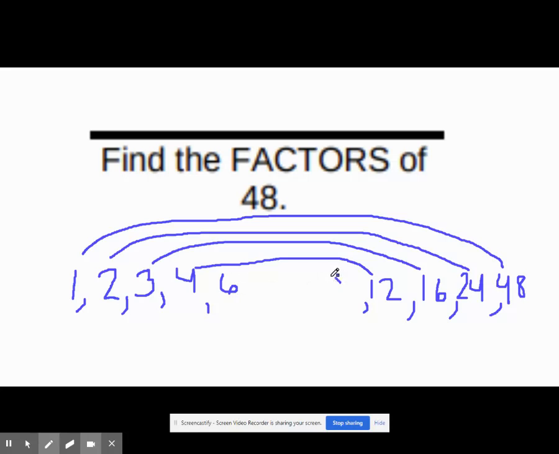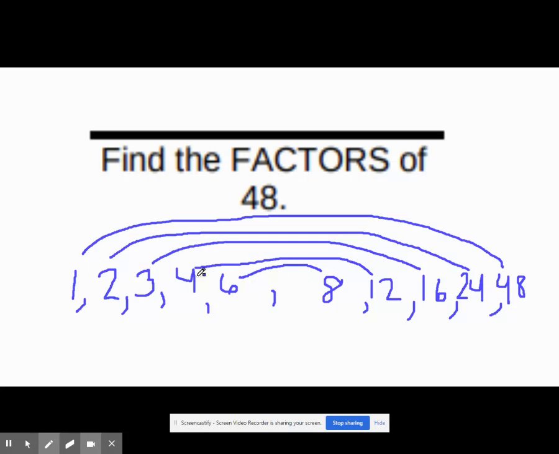That is 6 times 8 will give you 48. 5 is not a factor of 48. Let's see. 7 is not a factor of 48 because 7 times 6 is 42. And of course, when we get to the next number, we are back up to 8, so that will be the end of our factors because we've met in the middle here.